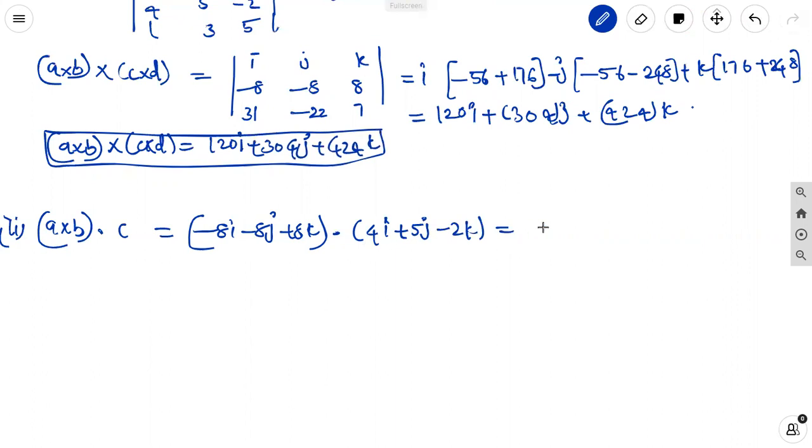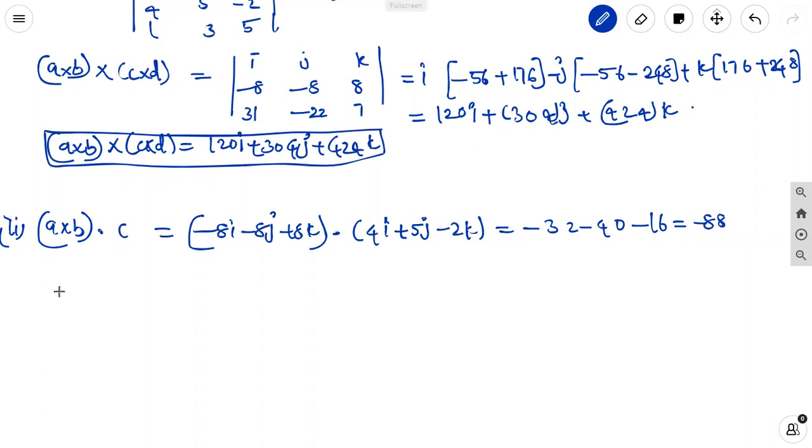Dot product: minus 8 fours are 32, minus 8 fives are 40, minus 8 twos are 16. It is equal to minus 88.